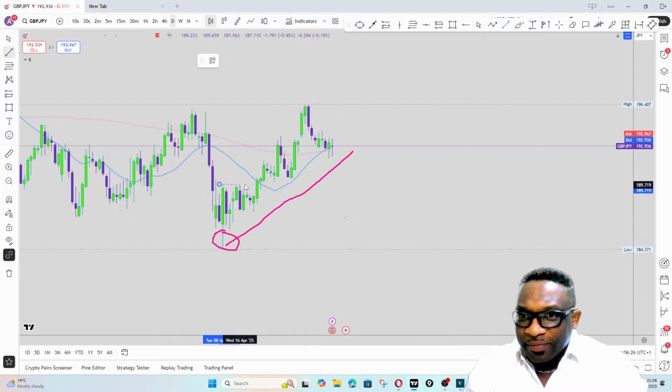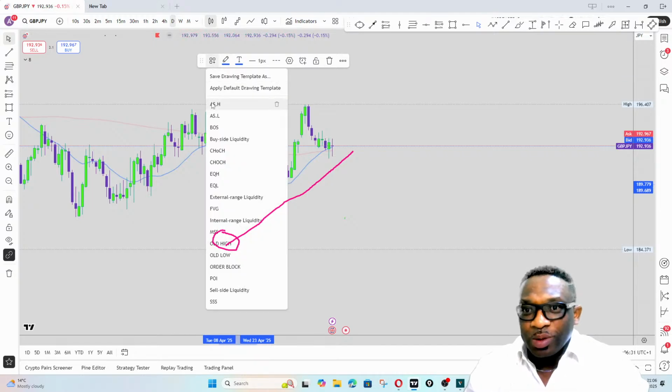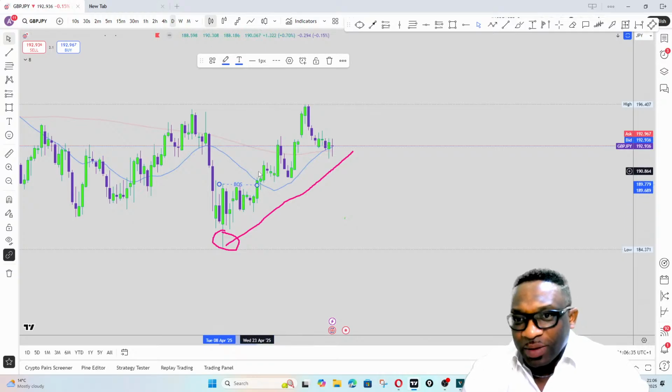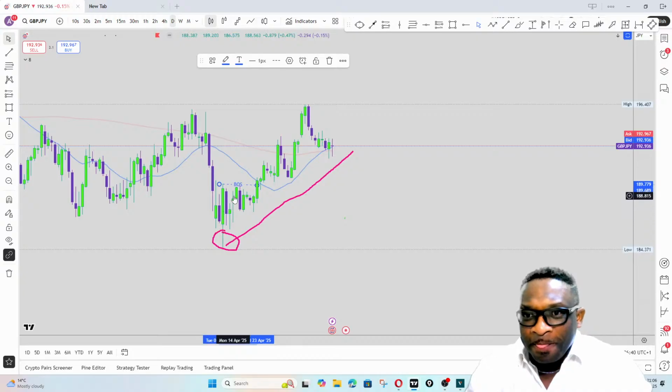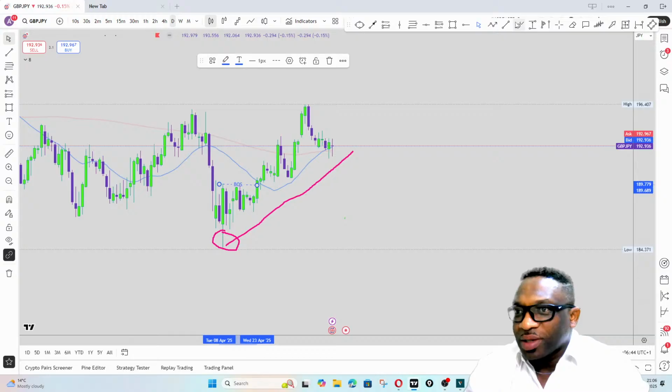As I said again, this is the daily time frame, so we want to mark it out and then we'll drop it down to refine it as we go along. So we have another breakup structure here.